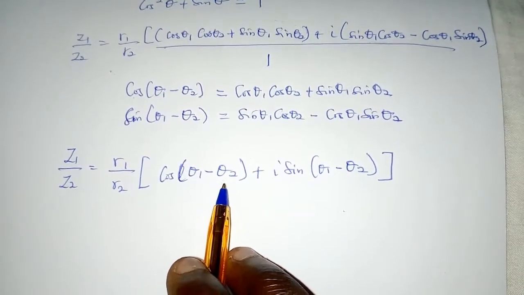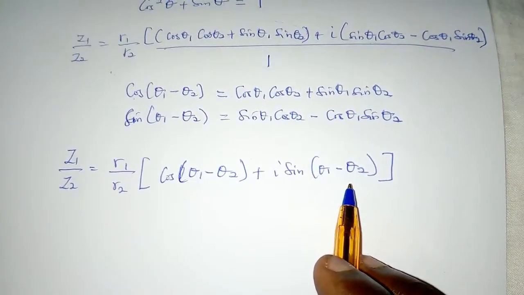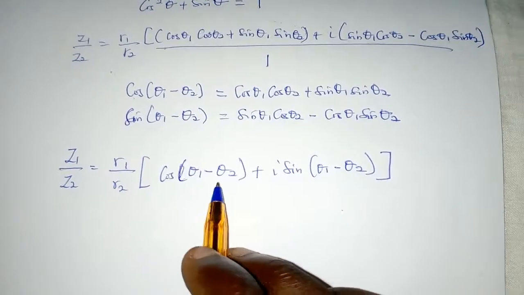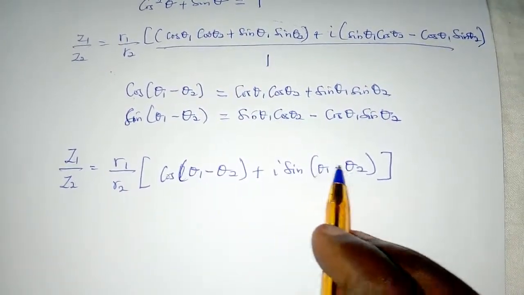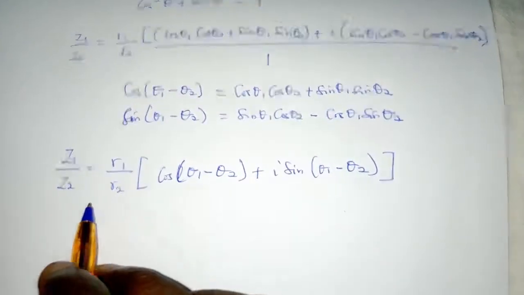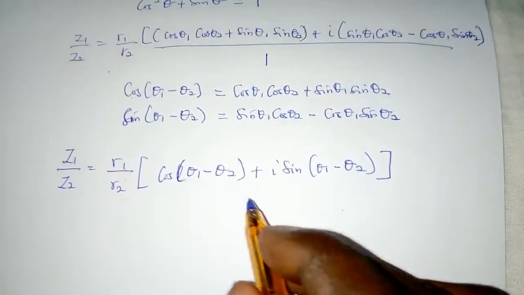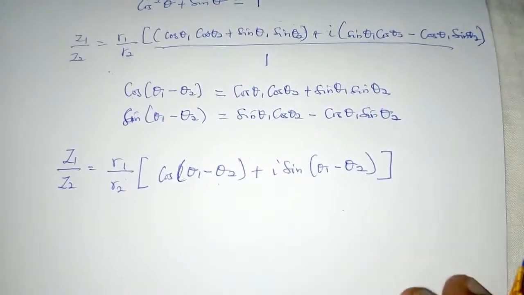It is the exact opposite of multiplication of polar complex numbers. With multiplication, you multiply the radii and add the angles. But with division, you divide the two radii, then you subtract the angles.